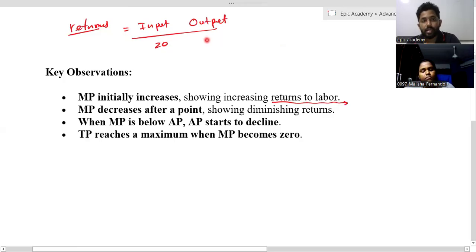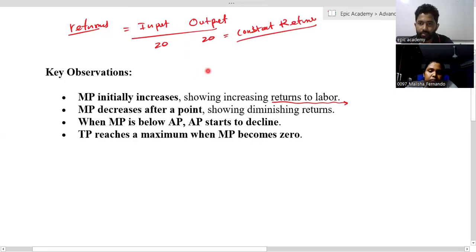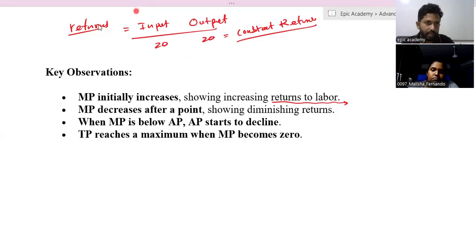Now you can identify the same value. You increase input by 20, and as a result output also increases by 20. So we call it constant return. Return is constant.